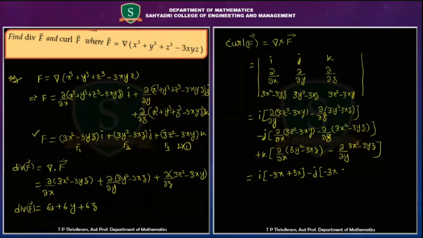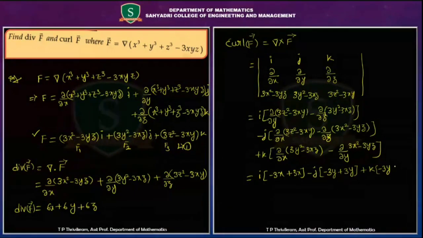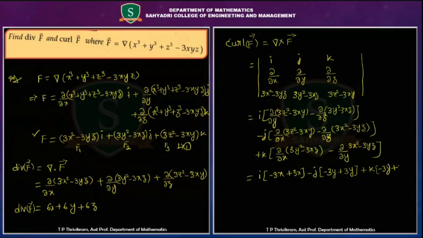Next, 3y minus 3y, plus k into minus 3y plus 3y, and then minus 3z plus 3z.